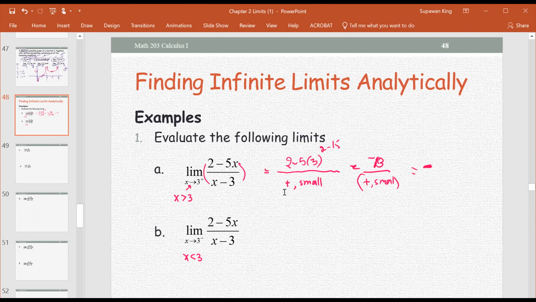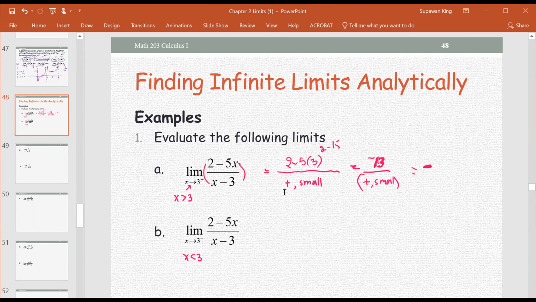And 13 is a real number divided by a very small quantity. Think about any real number divided by a very, very small number. The quotient will get larger and larger as the number at the denominator gets smaller, correct?